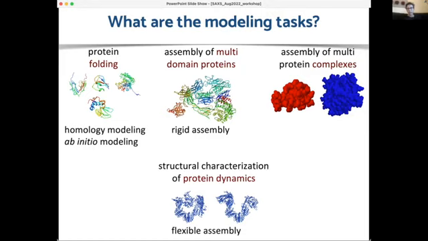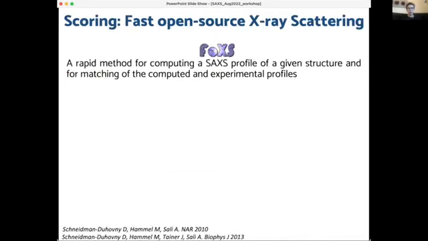Any task like that requires a tool for calculating the SAXS profile from a model. We are talking here about atomistic models. We view it as a scoring function in the context of integrative modeling.